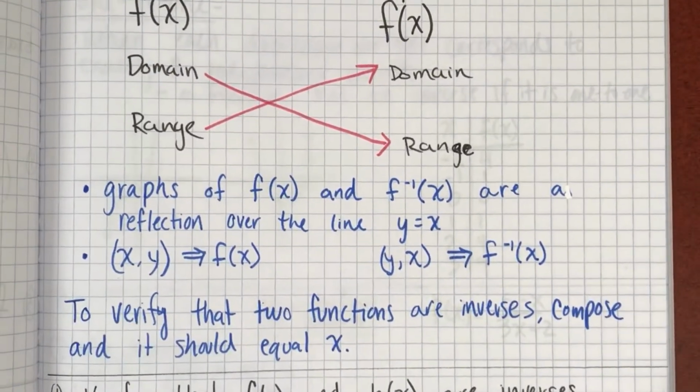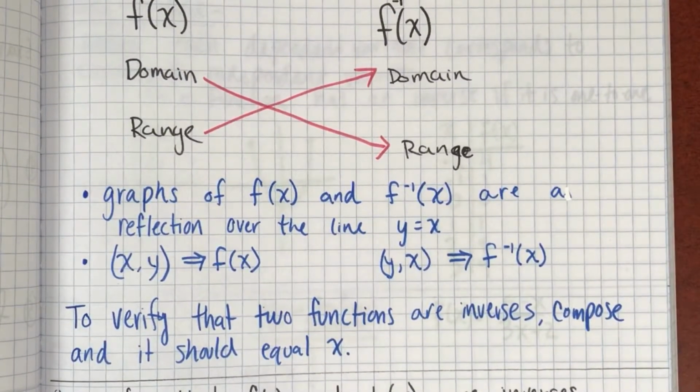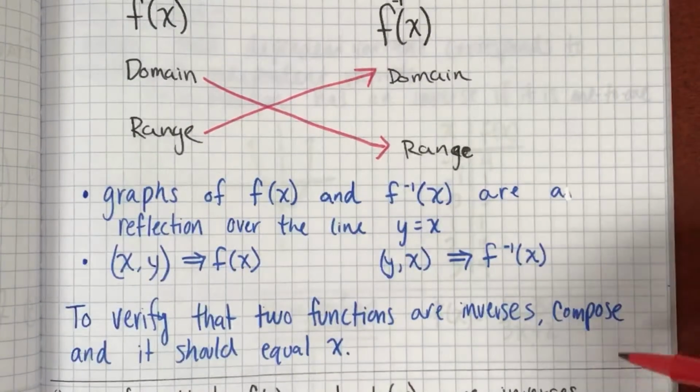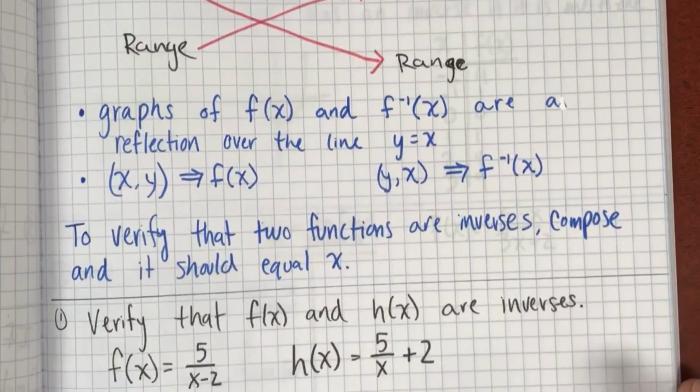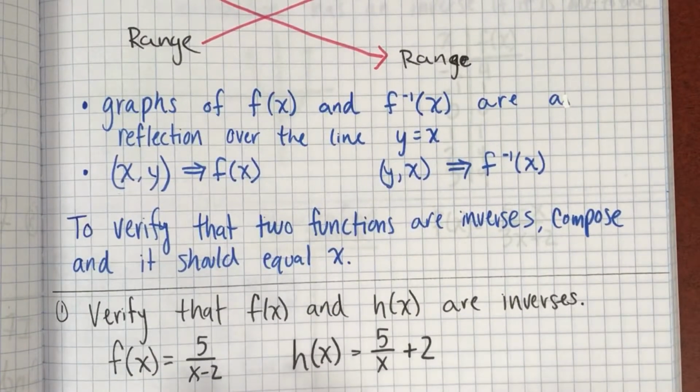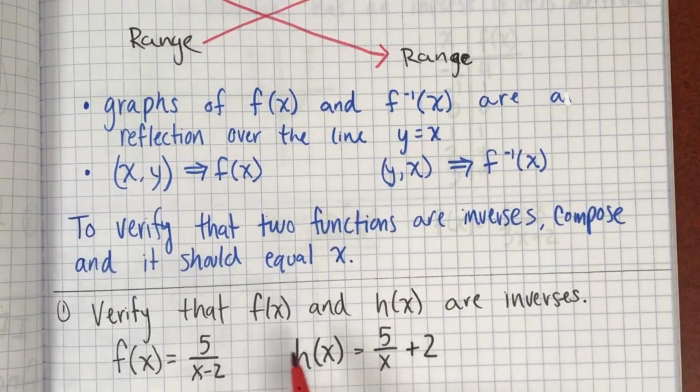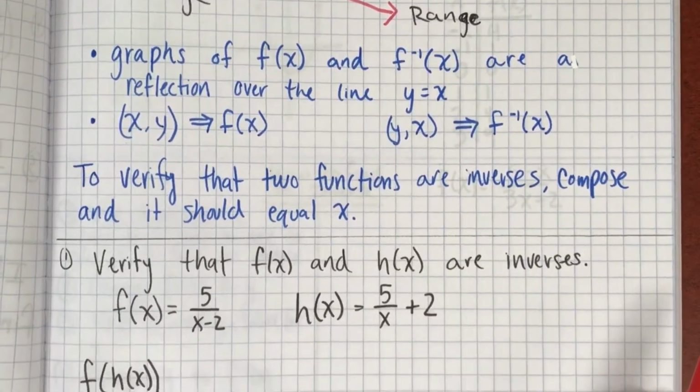And then to verify that two functions are actually inverses, you'll just need to compose them, and then it should equal x. All right, so here we are going to verify that the f of x and h of x are actually inverses.